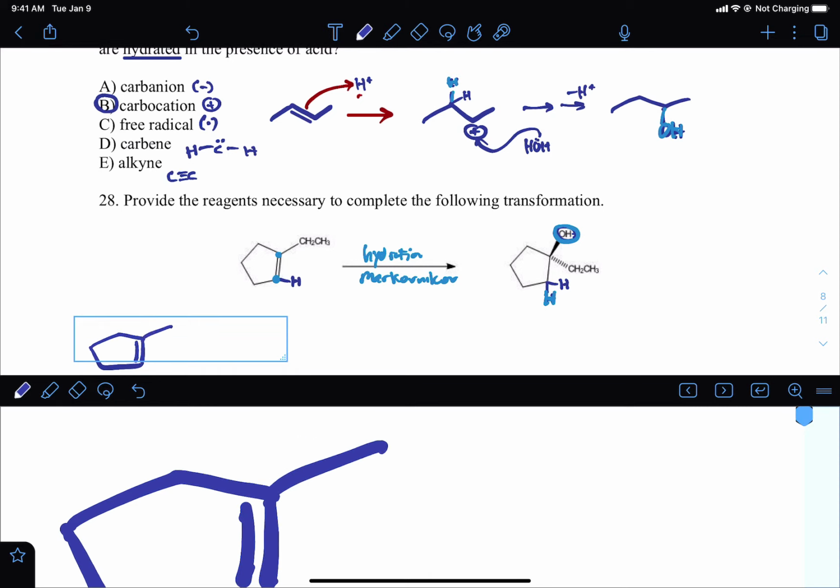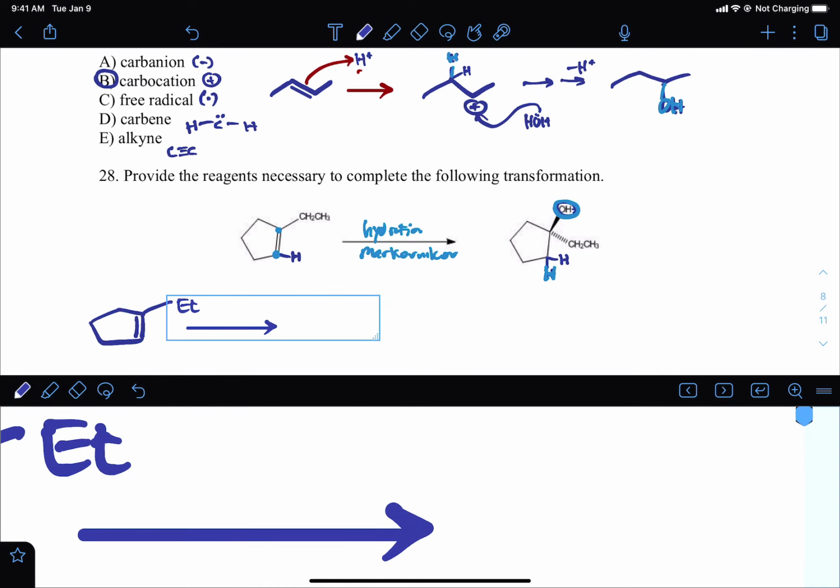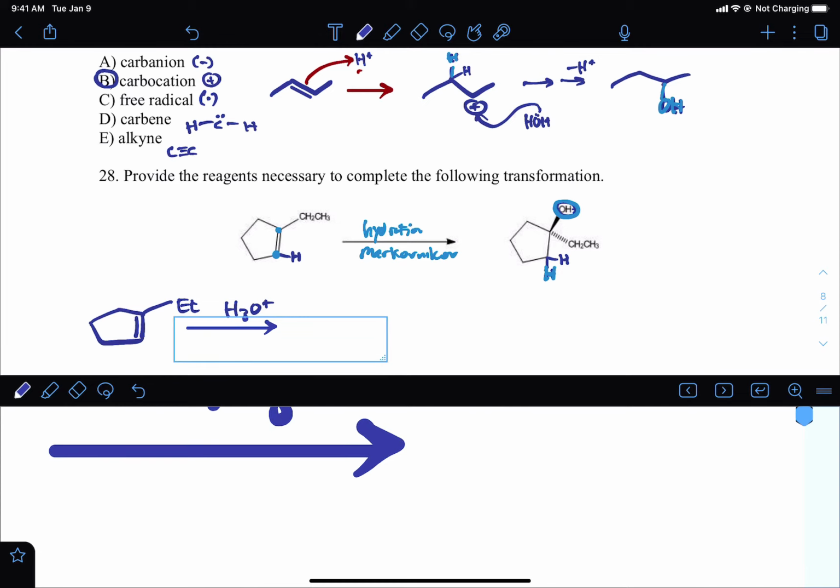I'm just going to abbreviate this as ethyl. That's an ethyl group. So one way to do it is very straightforward. It's just acid and water. So H3O plus, H2O.